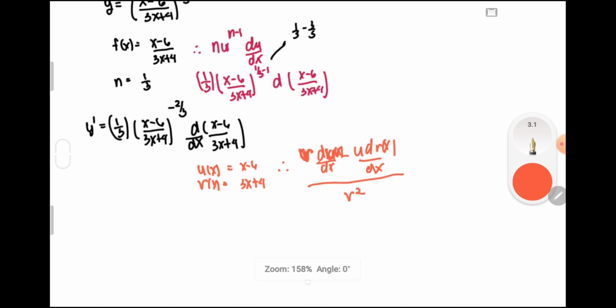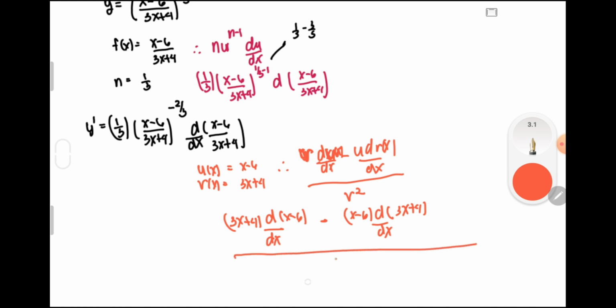So therefore, we have 3x plus 4 multiplied by the derivative of u of x, which is x minus 6, with respect to dx, minus u of x, which is x minus 6, multiplied by the derivative of 3x plus 4 with respect to dx, all over 3x plus 4 squared.